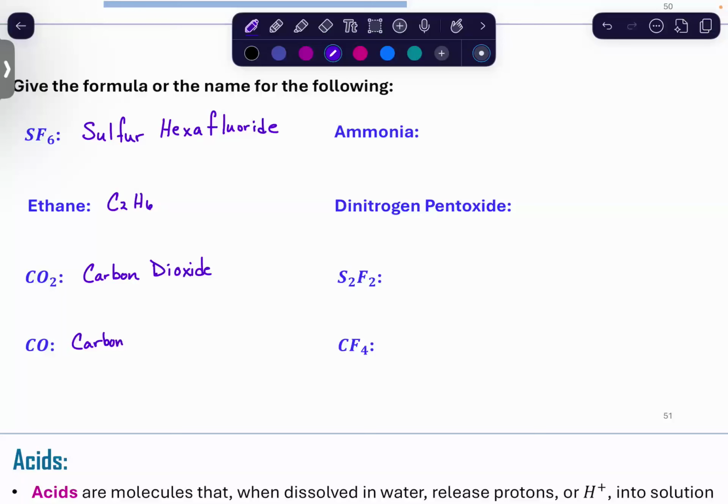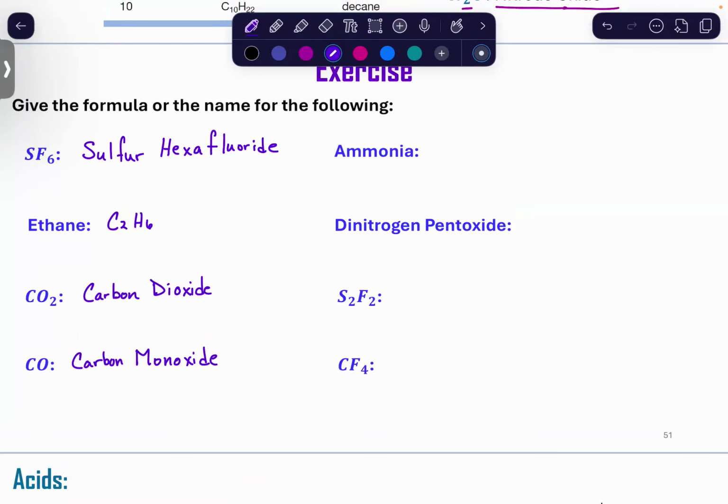This is a case where you use the mono prefix because your mono prefix is typically going to be for the second atom in the compound. So here we have CO, so carbon monoxide. I don't put the full mono prefix because oxide starts with a vowel. Here's another common name, ammonia. I should know that that is NH3.